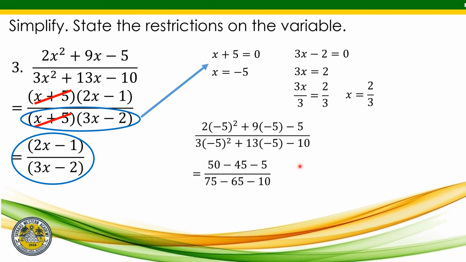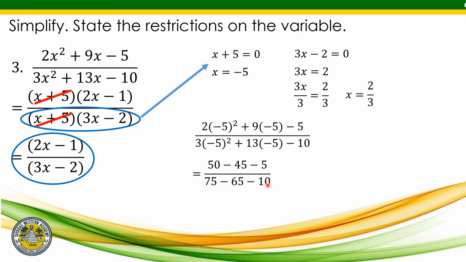Next, simplify the numbers or terms inside the parentheses. So, negative 5 squared is 25. 25 times 2, 50. Positive times negative, negative. 9 times 5, 45. Then bring down negative 5. So, negative 5 squared is 25. 25 times 3, 75. Positive times negative, negative. 13 times 5, 65.